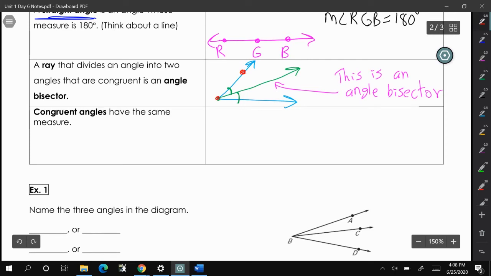So if these all had points A, F, K, S, we would say that the measure of angle AFK is equal to the measure of angle KFS.